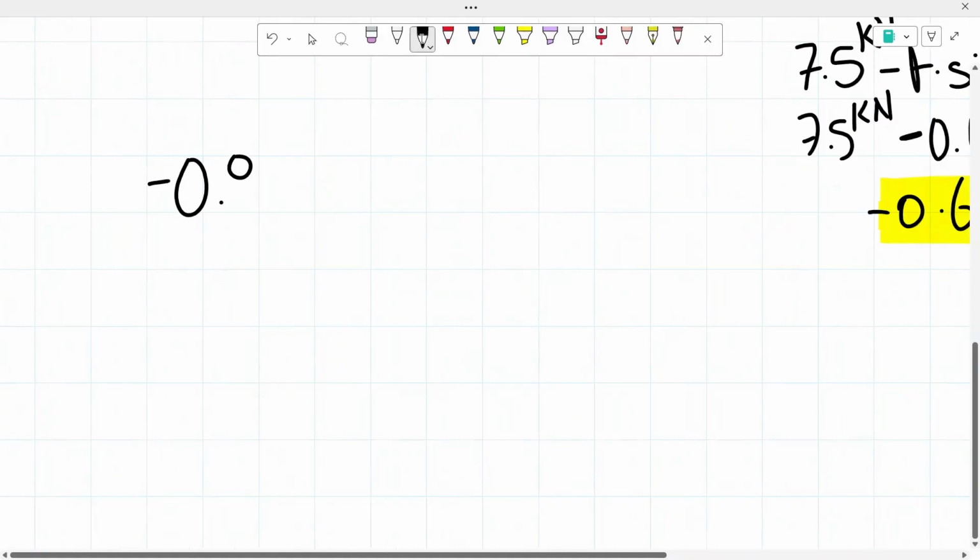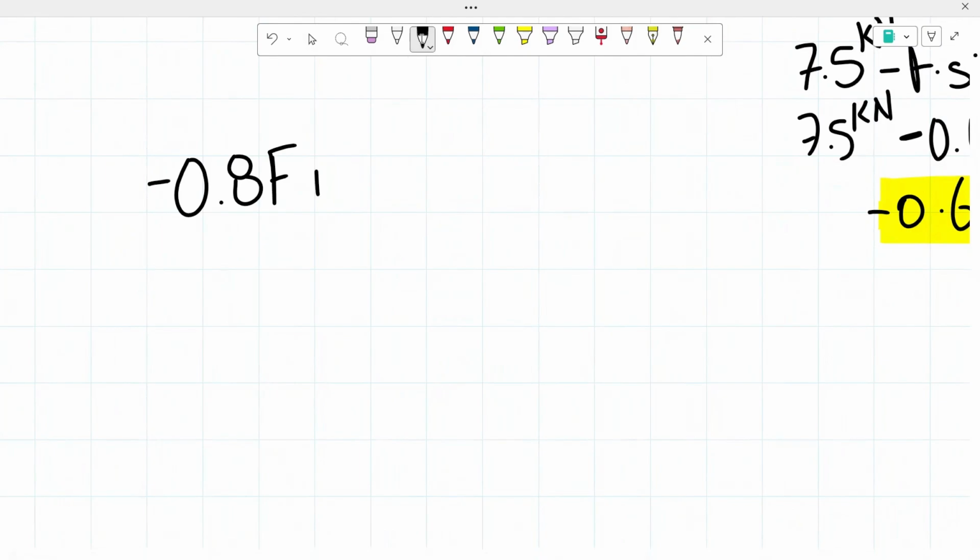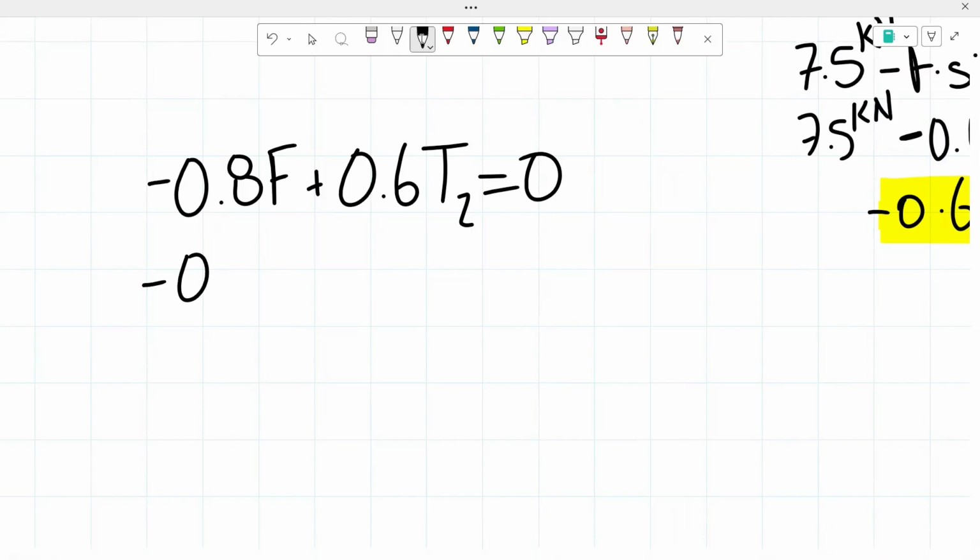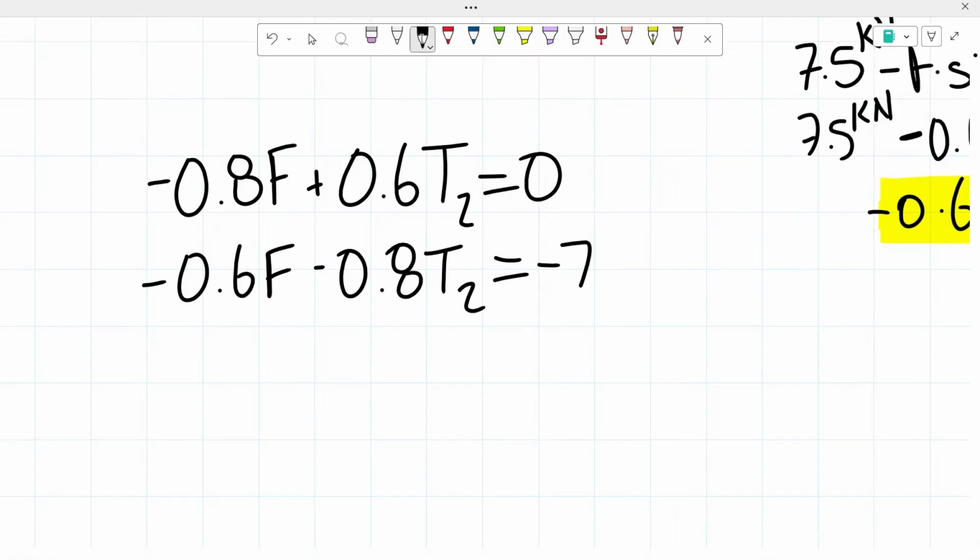Negative 0.8 of F plus 0.6 of T sub 2 has to equal 0, and then we have negative 0.6 F minus 0.8 of T sub 2 equals negative 7.5. So those are our two equations that we found.